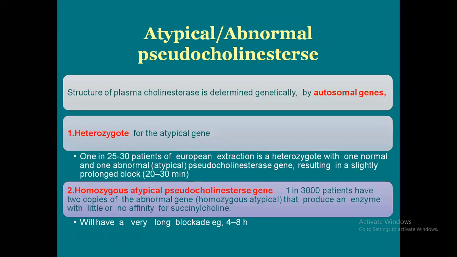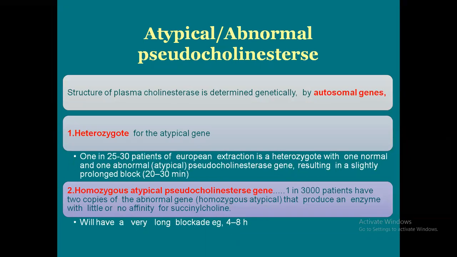Atypical abnormal pseudocholinesterase structure in the plasma is determined genetically by an autosomal gene. Now, a few are heterozygotes, so that is okay, because 1 in 25 to 30 patients has one normal and one abnormal atypical pseudocholinesterase gene, resulting in a slightly prolonged block.